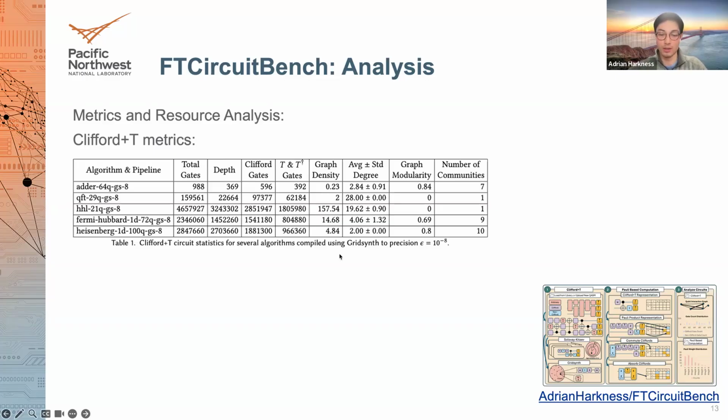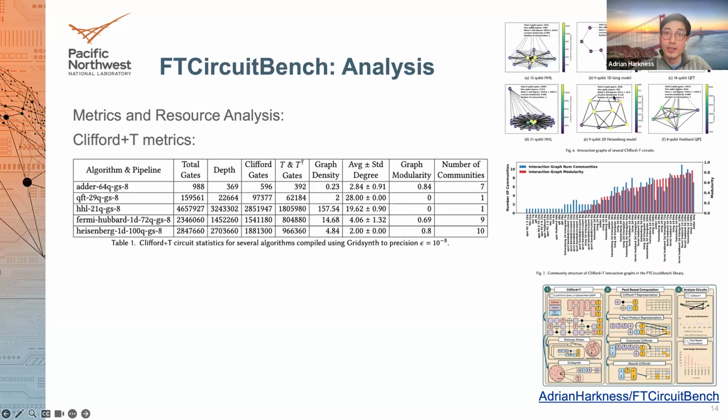But then we utilize something called an interaction graph representation of our circuits, and we collect statistics on those as well. You can see these interaction graphs up here for several circuits, and they are formed by creating a node on your graph for each qubit in your circuit, and then for every 2-qubit interaction between two nodes, you increase the edge weight between those nodes by 1.